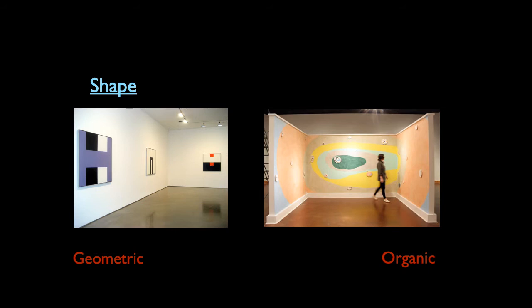Usually include angles, often right angles. And the associations we make with these geometric shapes, maybe a bit anal, certainly masculine in a stereotypical sense. Organic shapes are curvilinear. They're flowing, usually irregular, kind of natural looking, maybe associated with nature and feminine things.